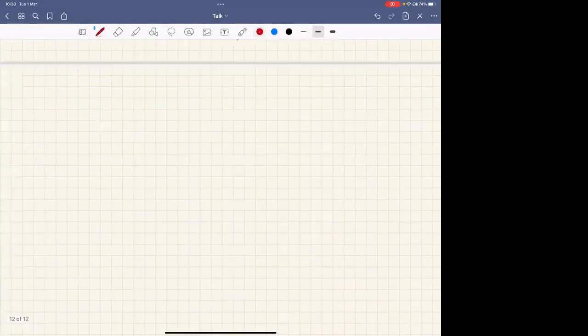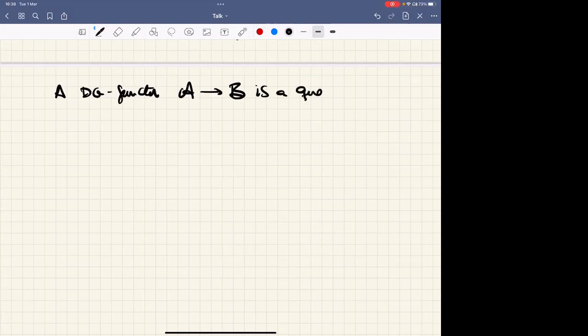Now we have to define the right kind of equivalences we're going to consider here, and they are the most naive ones, the quasi-equivalences. So a DG functor is a quasi-equivalence if the induced functor in cohomology is an equivalence of graded categories.